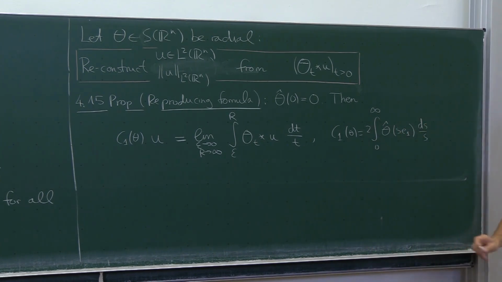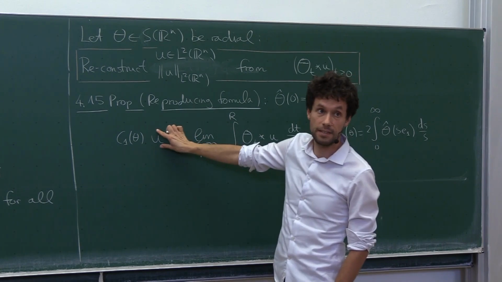So it's a numerical constant. In practice, you would normalize the function so that this thing gets 1, and then you get back precisely u.